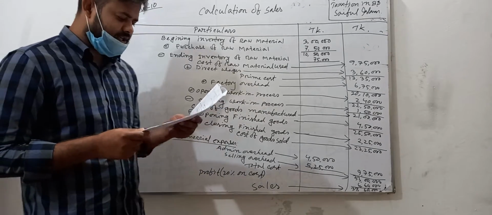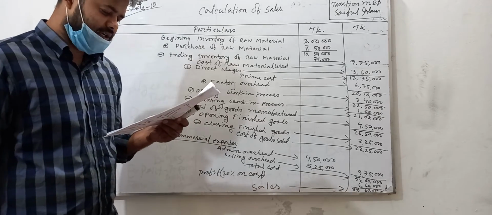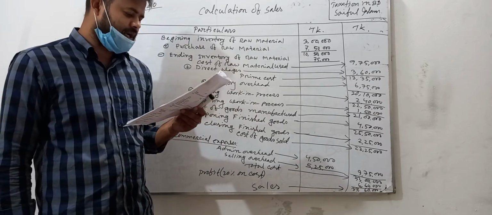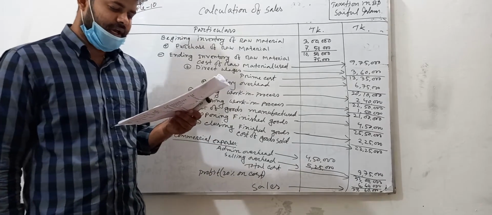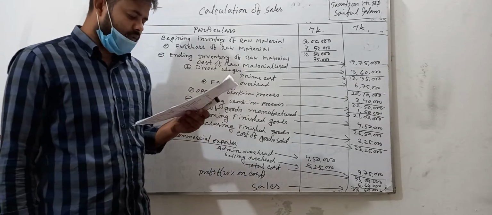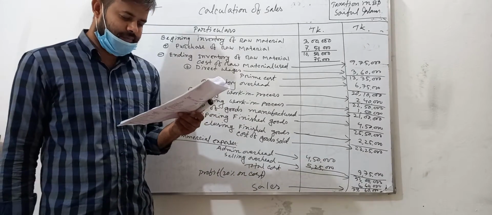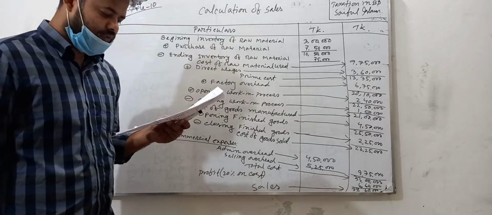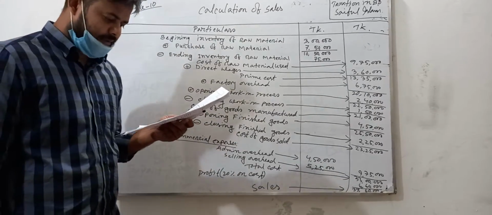The information relating to production and sales of Sakib Limited for the year ended 30 June 2015 is given below. Raw material opening 3 lakh and ending 75,000. Work in process opening 2 lakh 40,000 and ending 1 lakh 50,000. Finished goods opening 4 lakh 50,000 and ending 2 lakh 25,000.